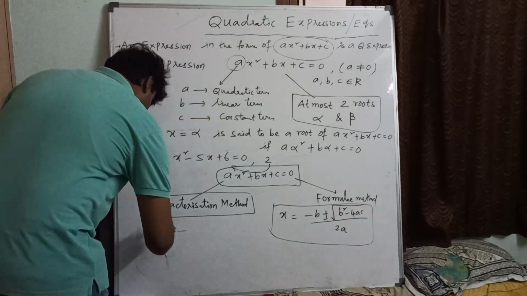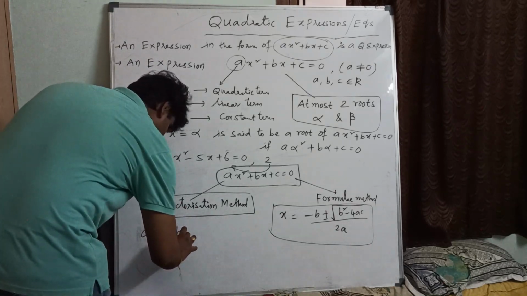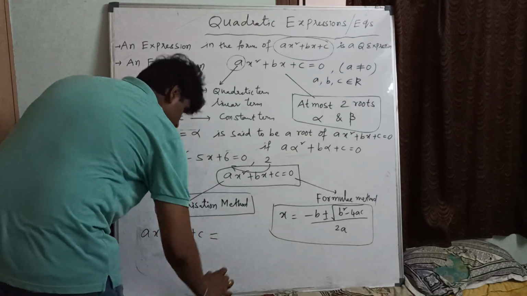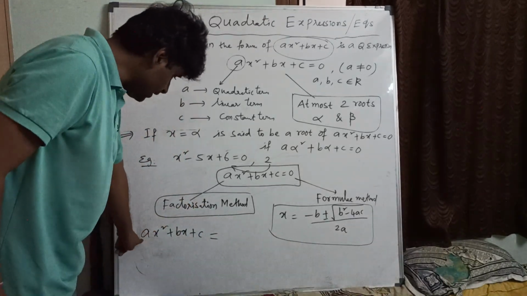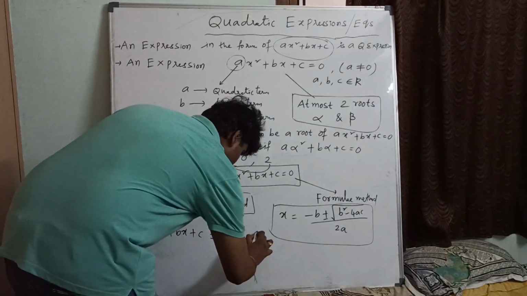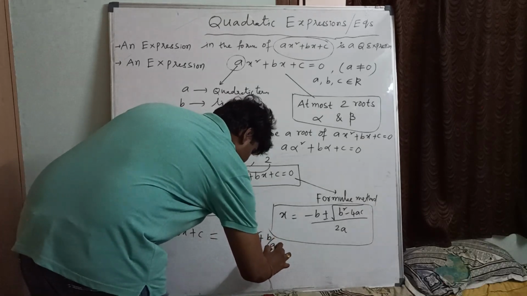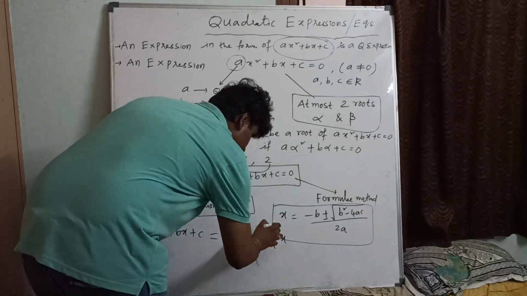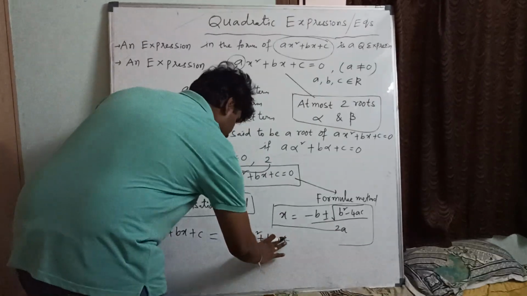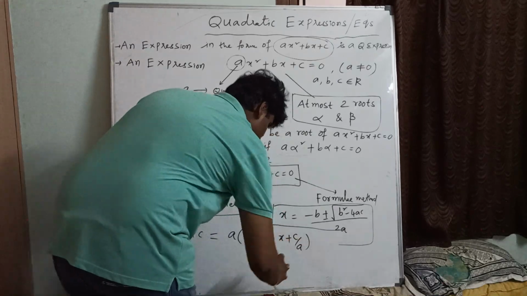See here, generally ax square plus bx plus c. So how can we write it? We'll see now. From this, can I take a common? If I take a common, x square plus b by a x plus c by a.